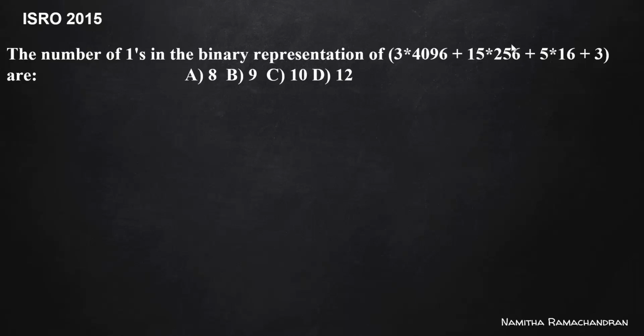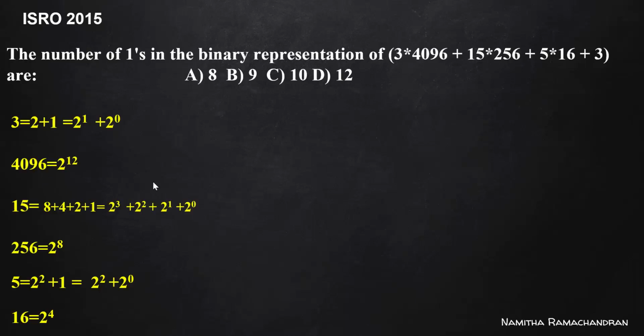So we can solve this in a simple way, that is, we can represent this 3 as 2 plus 1. And 2 is represented as a power of 2, like 2 to the power 1, and 1 can be represented as 2 to the power 0. Next is 4096. This can be represented as 2 to the power 12. Right?